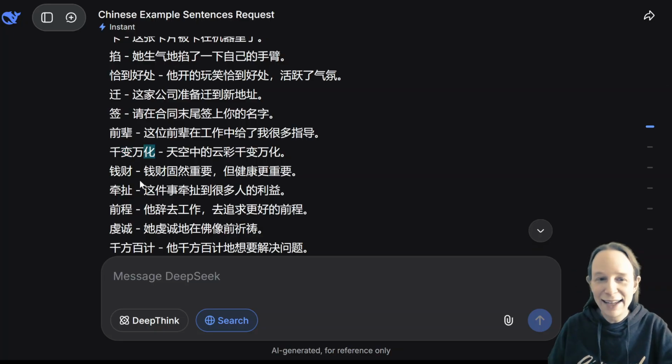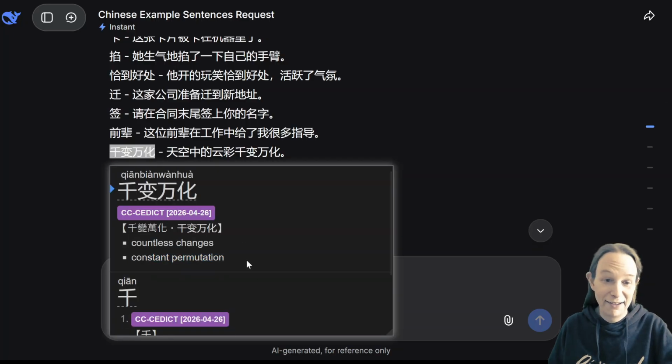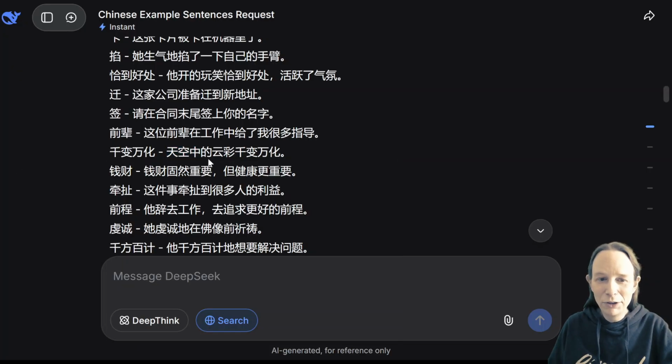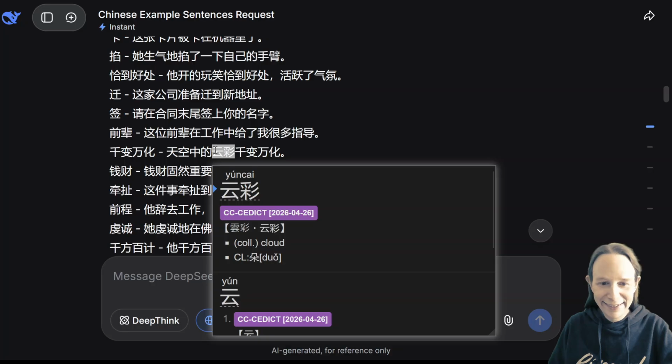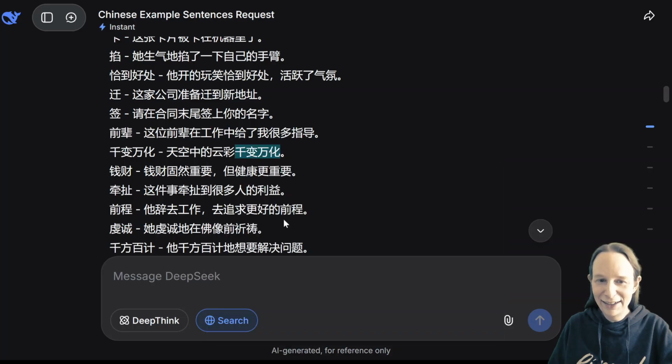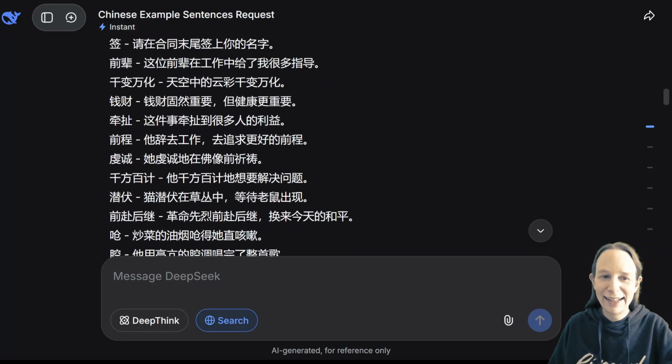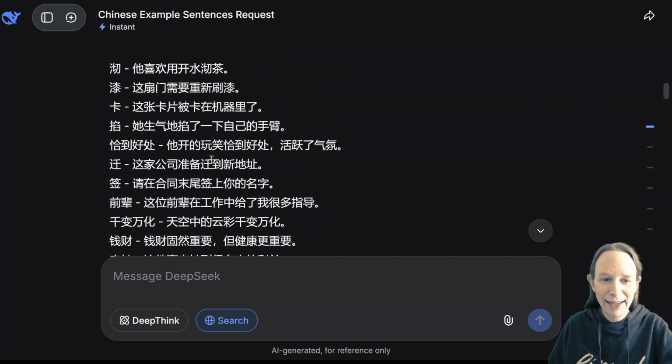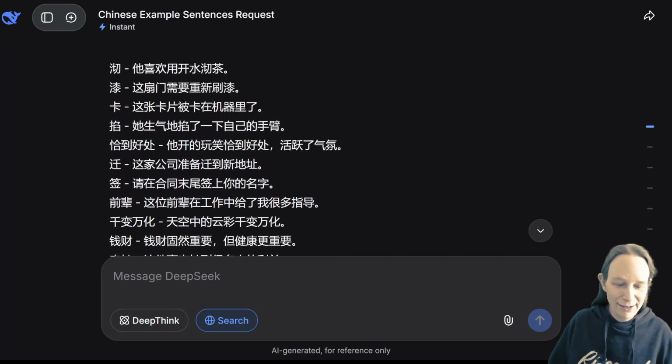A lot of 变化, a lot of changes. 天空中的云彩，千变万化. The clouds in the sky have changed a lot. I don't think that's the greatest example of all time.